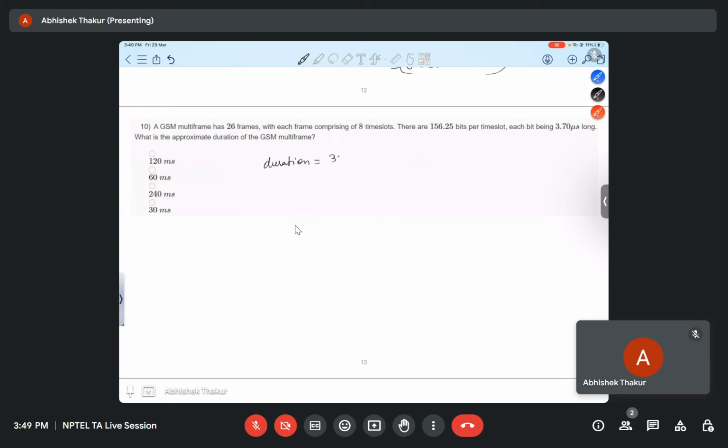Each bit is 3.70 microseconds long, multiplied by 156.25 bits per time slot, into the total number of time slots, which are 8, and there are 26 frames. So we can write 3.70 into 10 to the power of minus 6 into 156.25 into 8 into 26. When you multiply it, you will get 120 milliseconds. So the correct answer is option A.